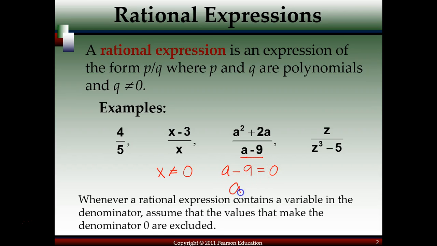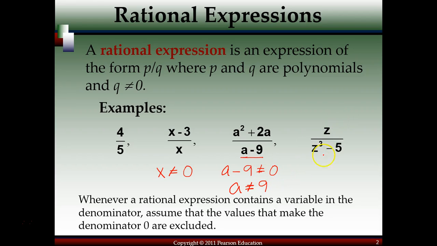So here, a equals 9, and that's the value you want to exclude. A cannot equal 9, okay? Also a minus 9 cannot equal 0.